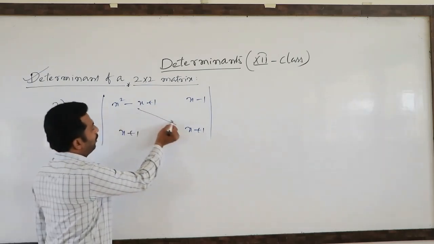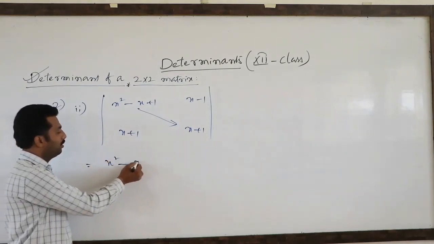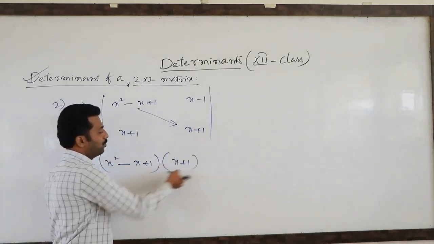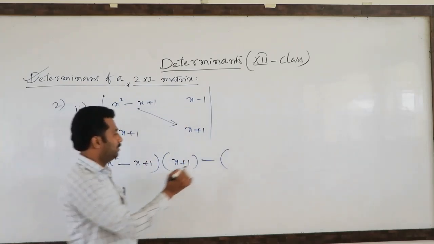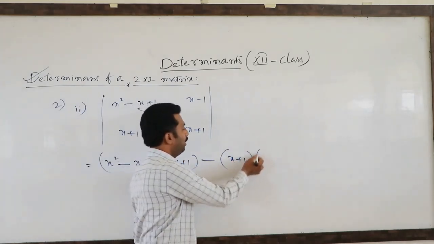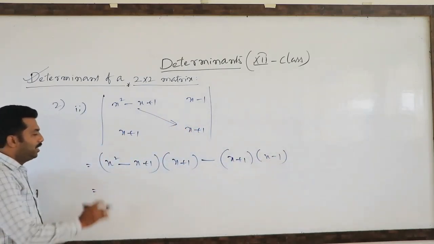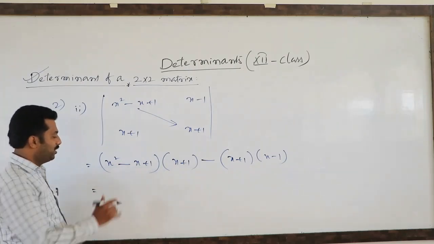Product of the principal diagonal elements means x square minus x plus 1 into x plus 1, minus non-diagonal elements x plus 1 into x minus 1. You see here a plus b into a square minus ab plus b square is there.